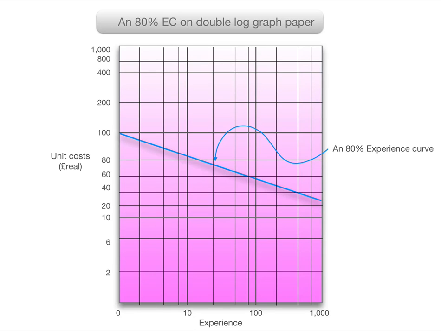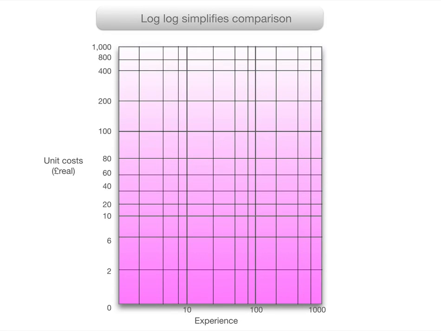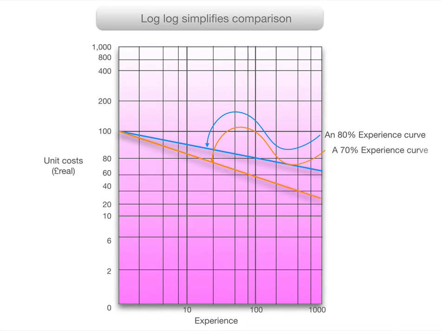Easier to read, easier to see, easier to predict. Log-log simplifies comparison, so that if I have 3 experience curves, say an 80% one, a 70% one, and a 60% one, I can make comparisons about future costs. This is exactly the same material as was used in the 1985 publication, but my goodness, I think it's so much more alive.